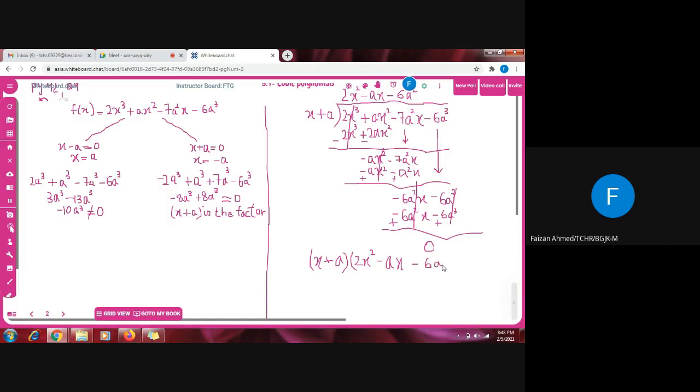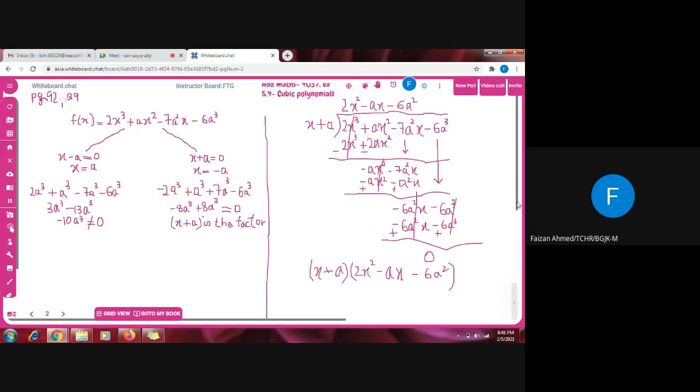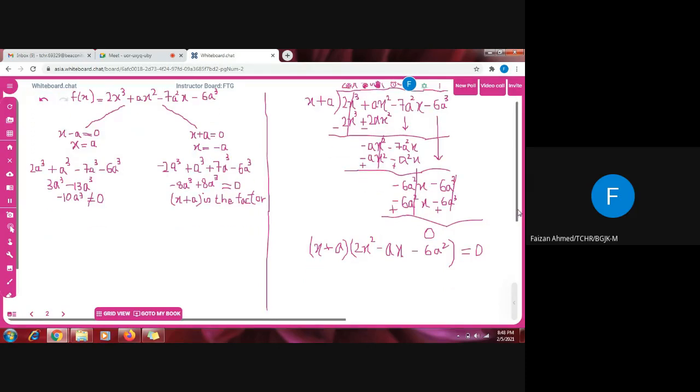This is the quadratic factor, so I have to factorize it in order to break it down further. And don't forget to write equals to 0 because this is the second part and I have to solve it. I have to find the value of x in terms of a.